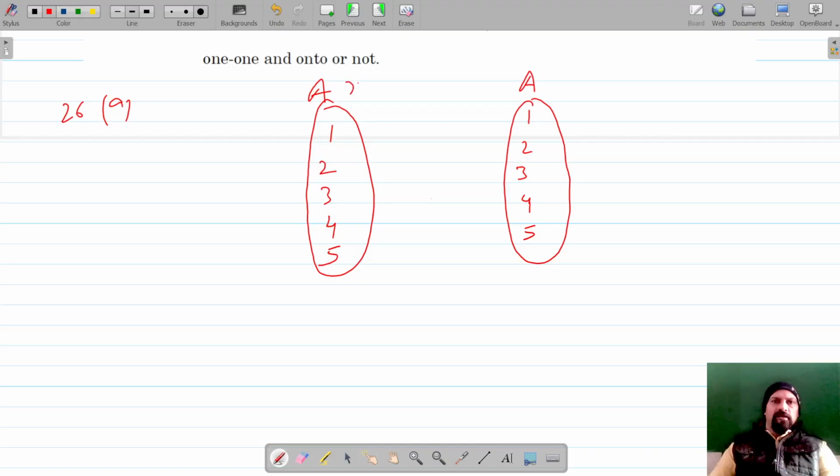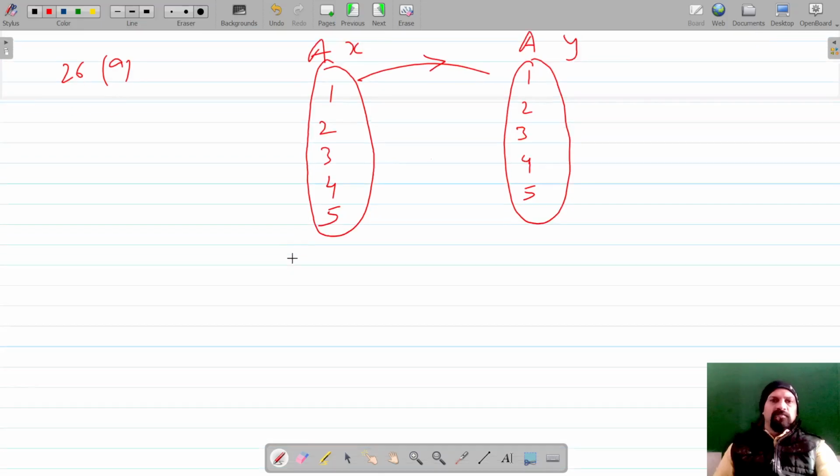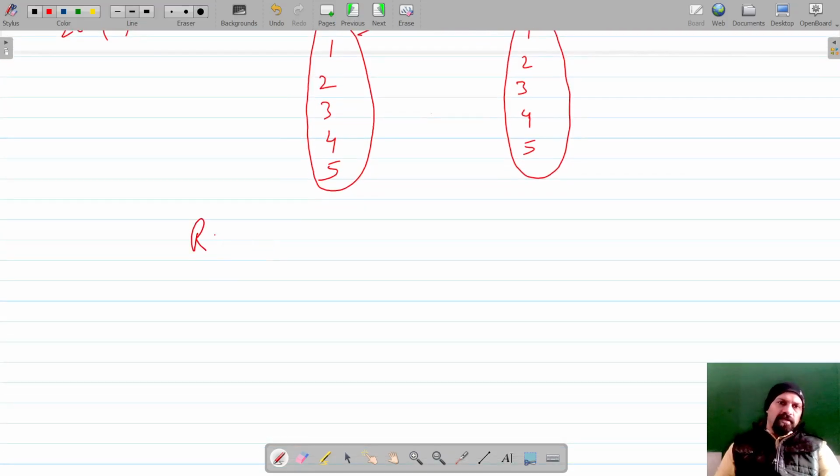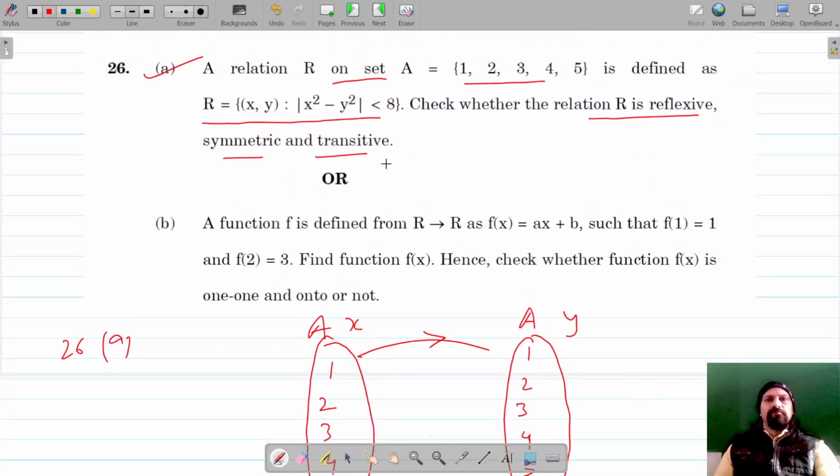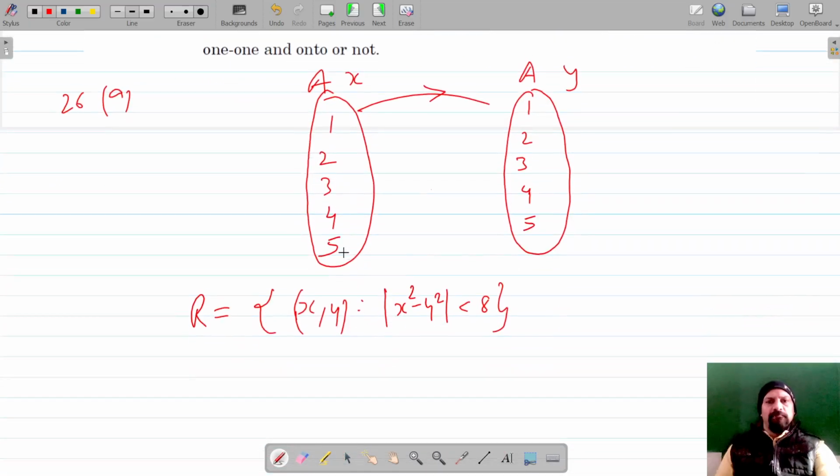So these are our inputs, and this is our output. Now, the relation consists of all ordered pairs (x, y) such that modulus of x² − y² is less than 8. So this is the relation.